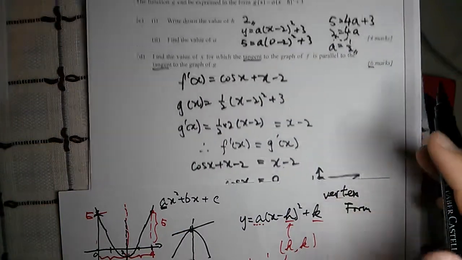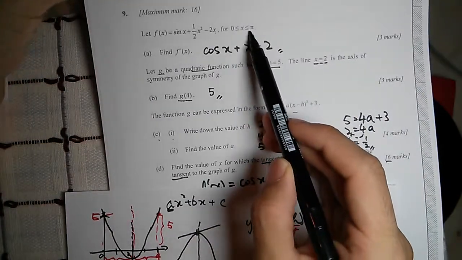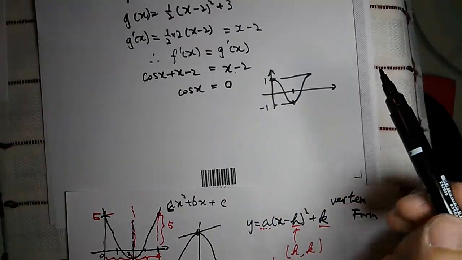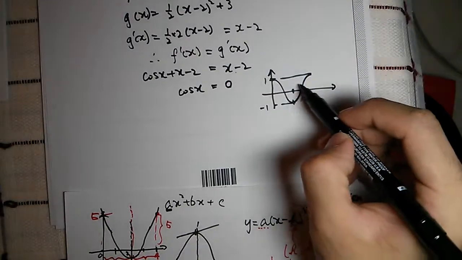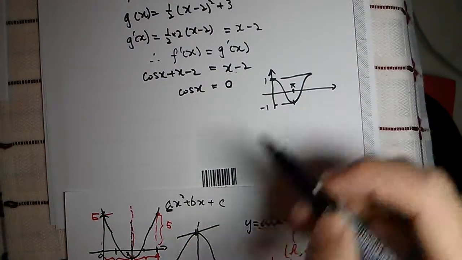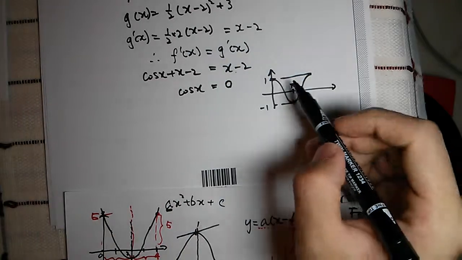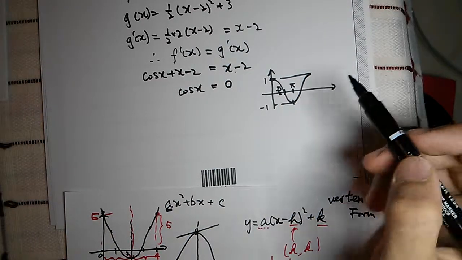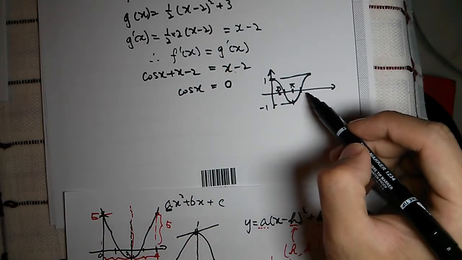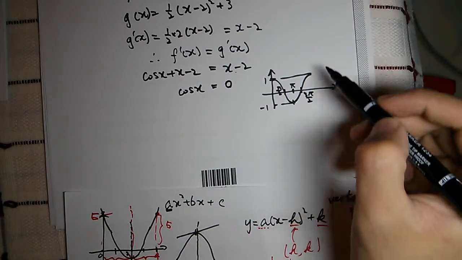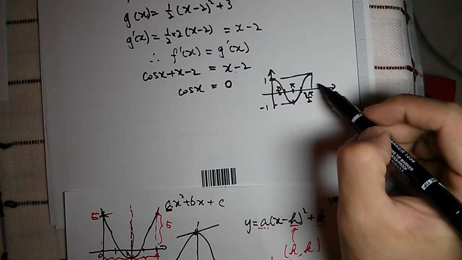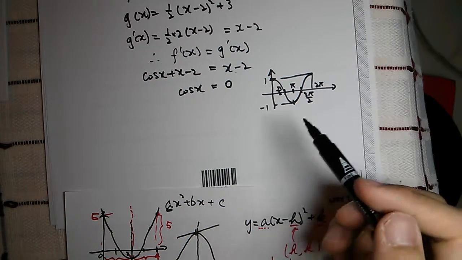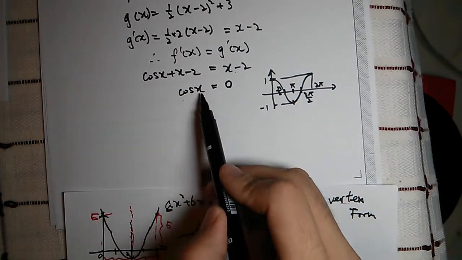But note that at the beginning, things are given in pi. That means they are in radians. So 180 degrees would be pi radians. This is half of it, so pi over 2, which corresponds to 90 degrees. This is 3 pi over 2. This is 2 pi. So the question is, when is cosine x 0?